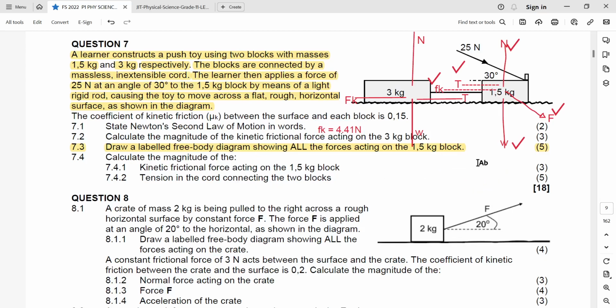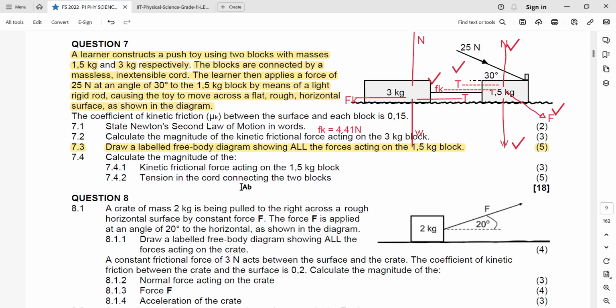Then we go to the next question. It might be possible that we need to use this one, but it will depend on what the question is looking for. The next question says the kinetic frictional force acting on the block of 1.5 kg.